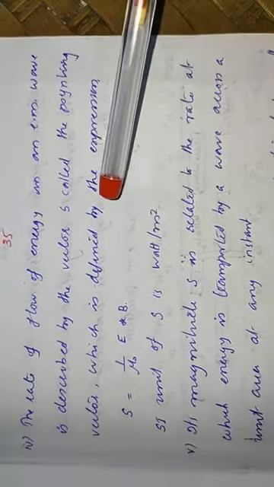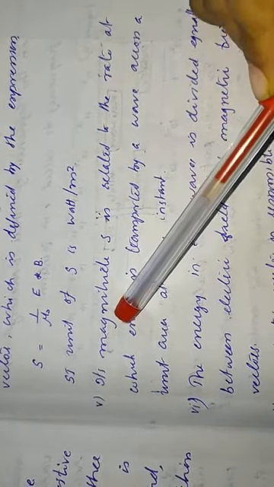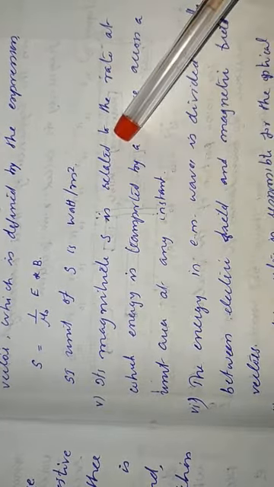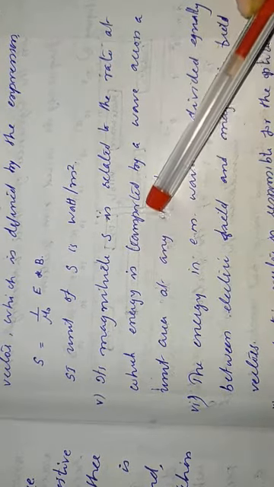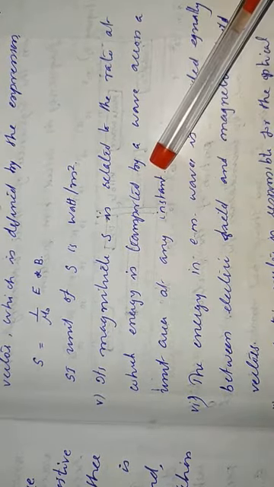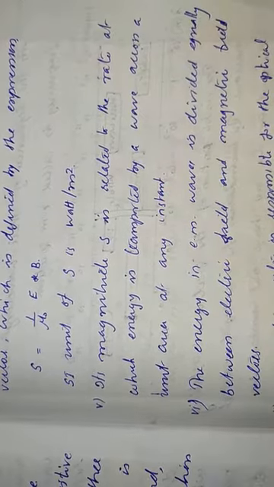And the SI unit of this quantity is watt per meter square, because this is the energy rate. And another point is its magnitude is related to the rate at which energy is transported by a wave across unit area at any instant.